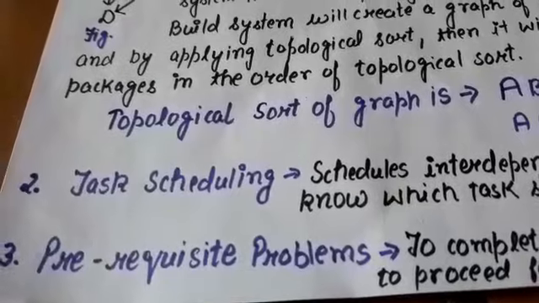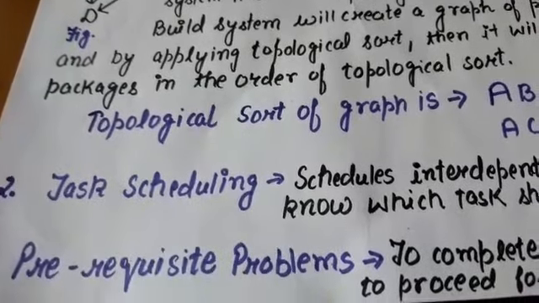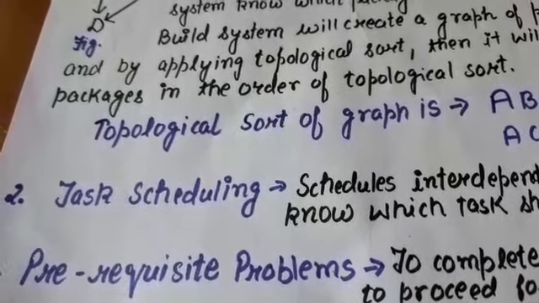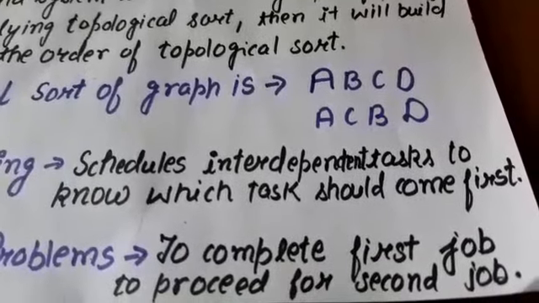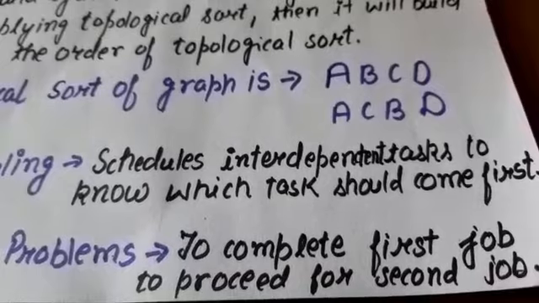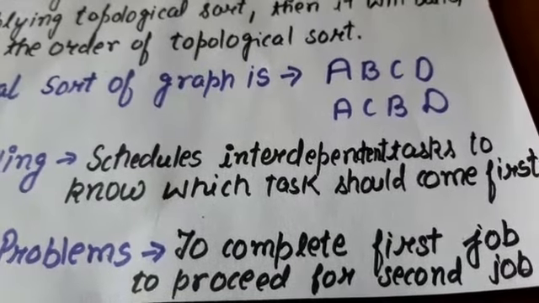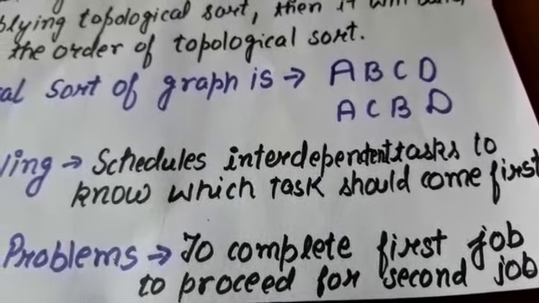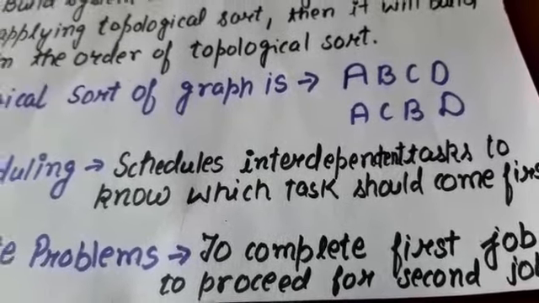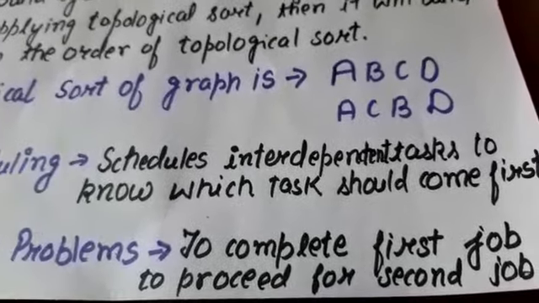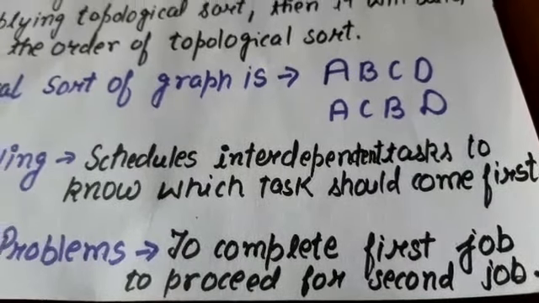The third application area for this topological sorting is the prerequisite problem. See, prerequisite means I have to determine which task should be done first and after that which task should be completed, right? If I take a simple example, we all are studying subjects, right?